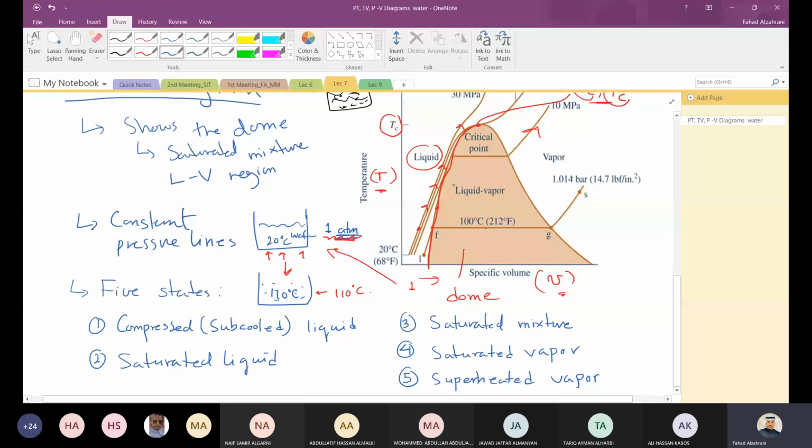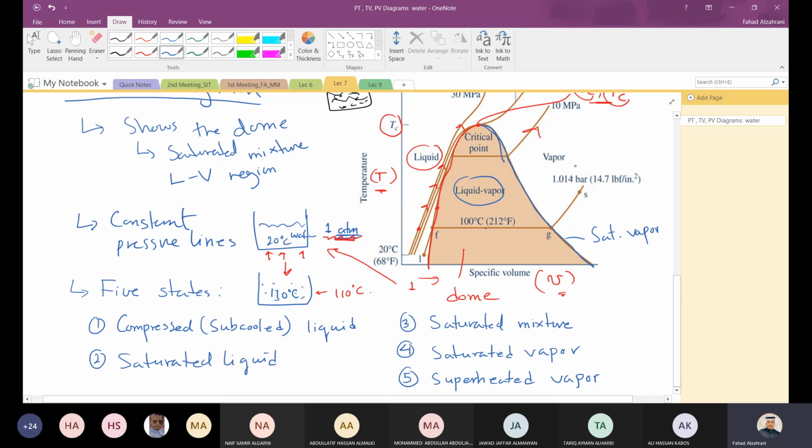The third state is the liquid-vapor mixture, or the saturated mixture. Then we have this line here, which is called the saturated vapor line. This is saturated vapor, where we still have the saturation temperature and pressure, but we have 100% vapor.